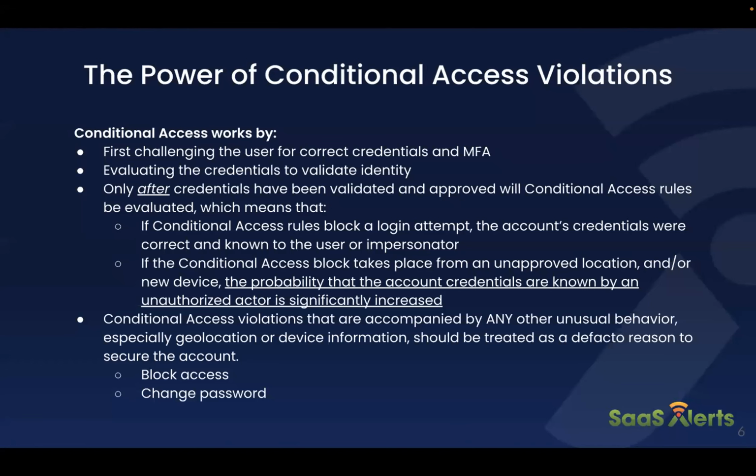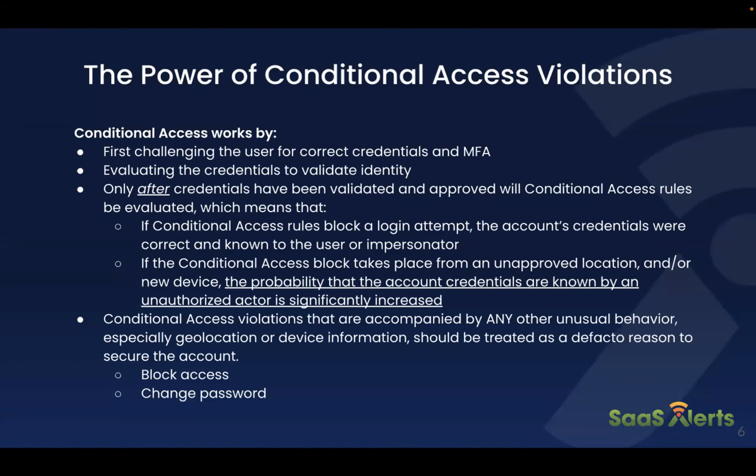So there's a lot of depth with which you can go to demand a better operating environment for the end user. But the way conditional access works is it first challenges for the normal credentials. So username, password, multi-factor authentication.